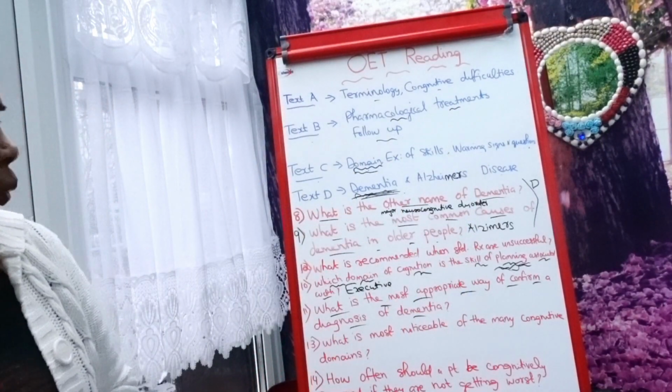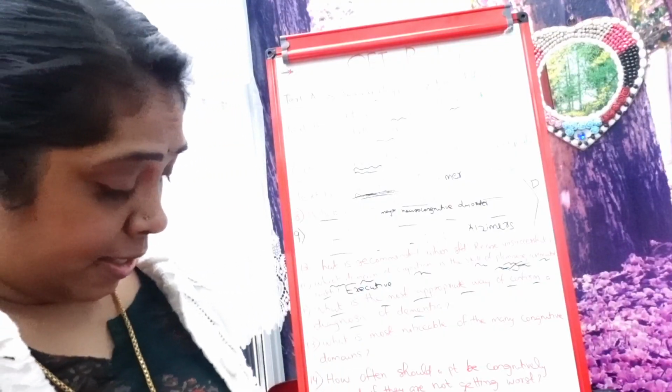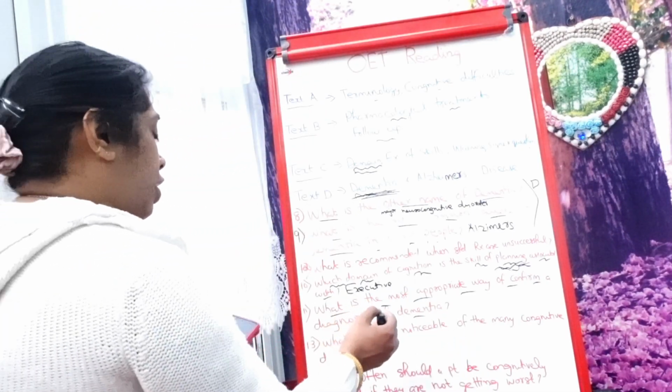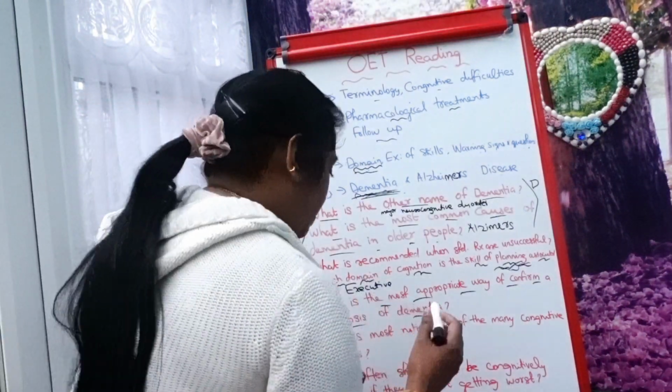Treatment, the first line says there are currently no evidence-based recommendations on medications to treat mild cognitive impairment, MCI. If dementia is suspected, then specialist referral is recommended for confirmation of the diagnosis. So the most appropriate way is specialist referral.